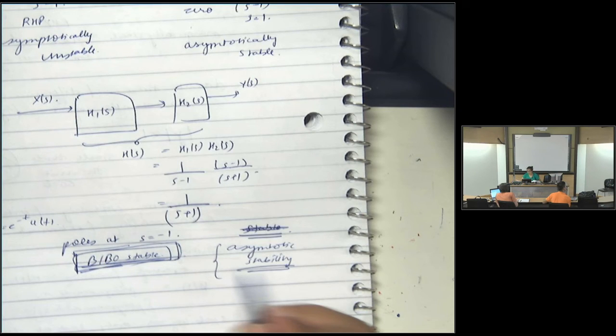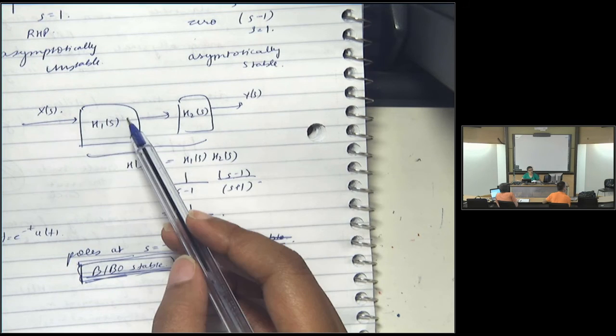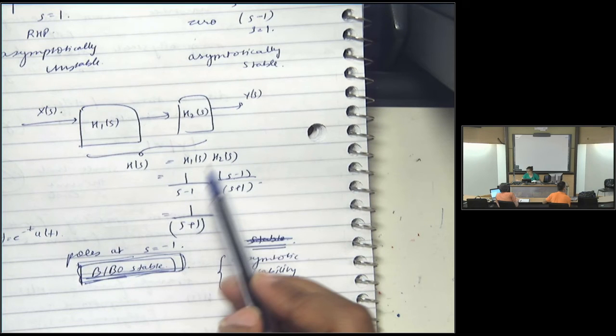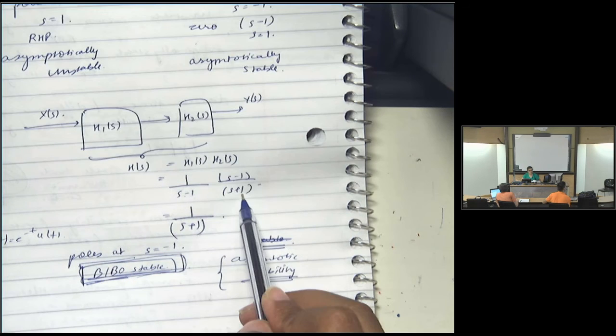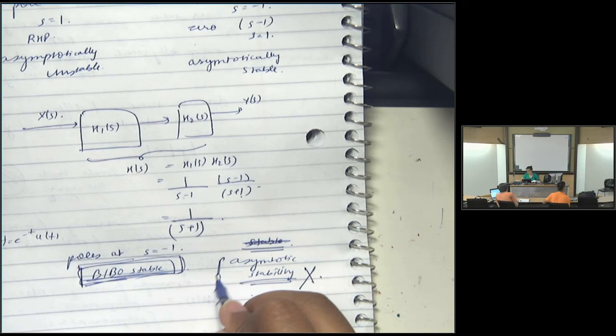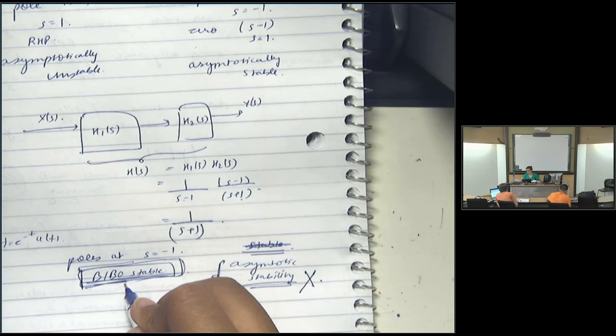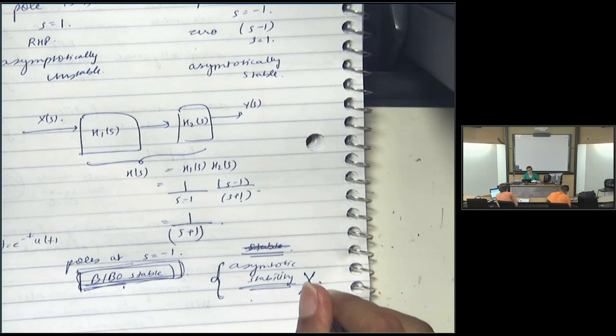So although this system is stable, this system can still internally go unstable, because this has a pole at 1 and this has a pole at minus 1. So asymptotic stability is not there. I have BIBO stability, but I don't have asymptotic stability.